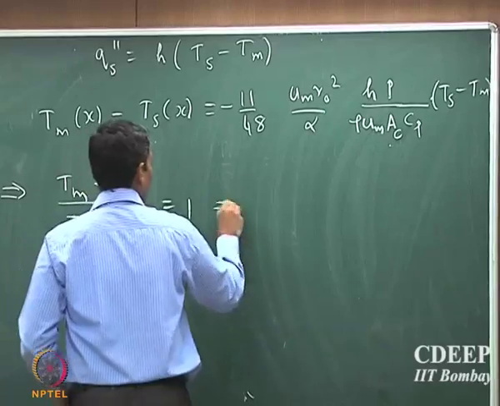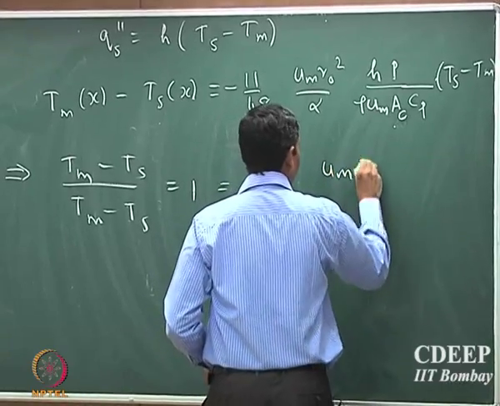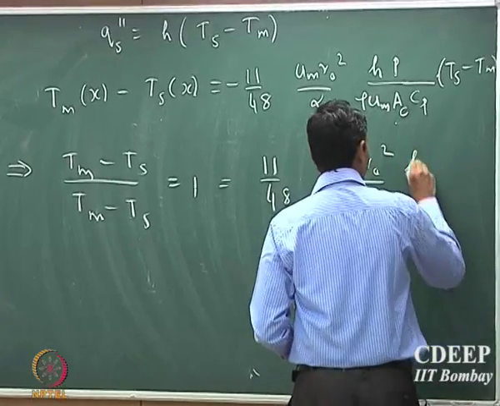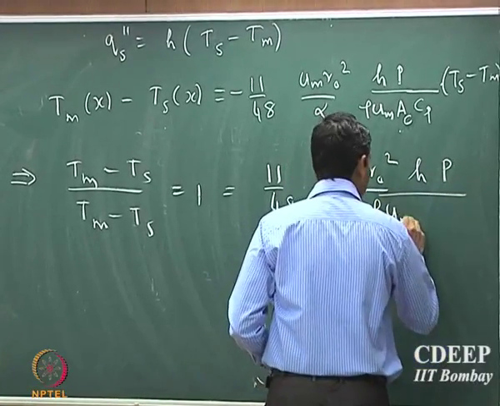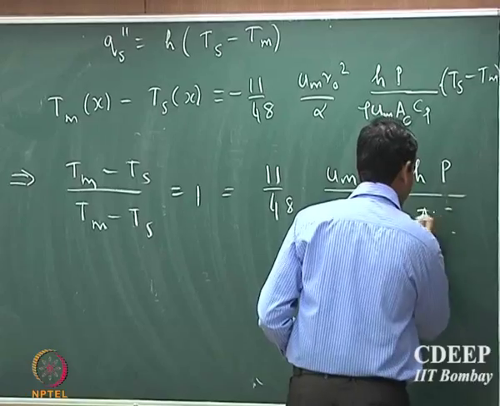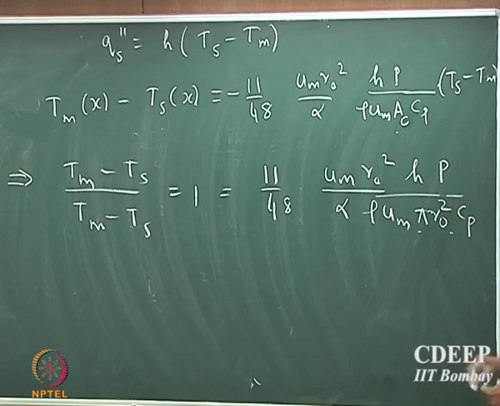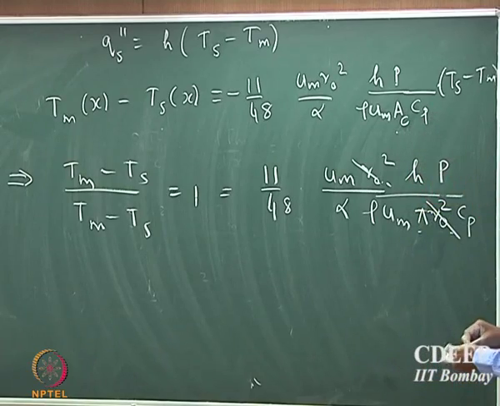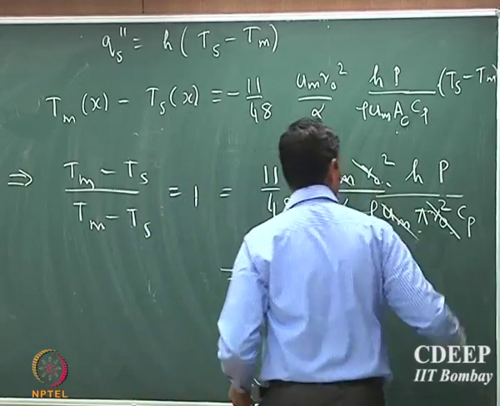which is equal to 1, that's equal to 11 by 48 um r naught square divided by alpha into h into P divided by rho um pi d square by 4 or pi r naught square into Cp. So r naught square goes off, and um goes off.